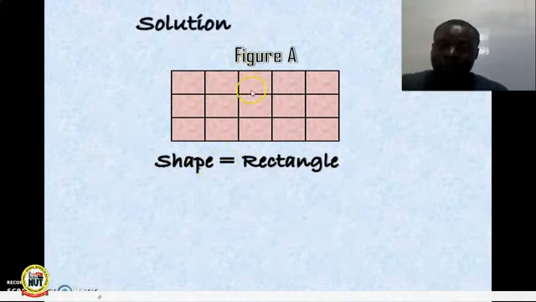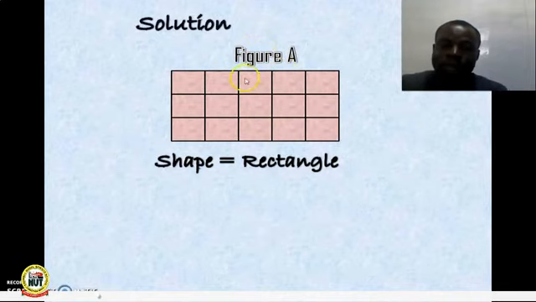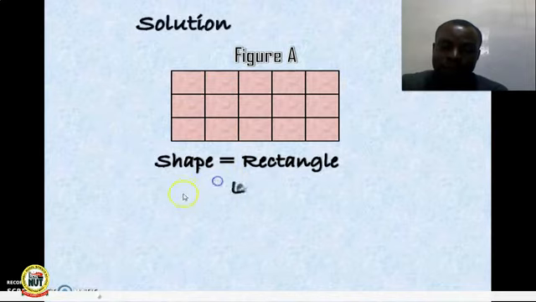Rectangle. Okay? And a rectangle has a length and breadth. So let's quickly count for the length. The length of this will be 1, 2, 3, 4, and 5. So the length is equal to 5.